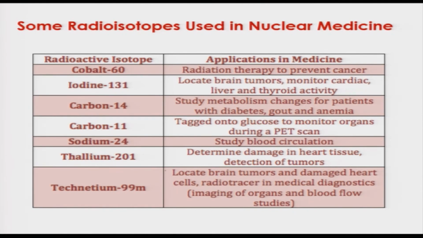Thallium 201, to determine damage in heart tissues and detect tumors. Technetium 99 metastable species, which locates brain tumors and damaged heart cells, a radio tracer in medical diagnostics. So, you see these metal ions and their radioactive isotopes are utilized in nuclear medicine for various therapeutic and diagnostic purposes.